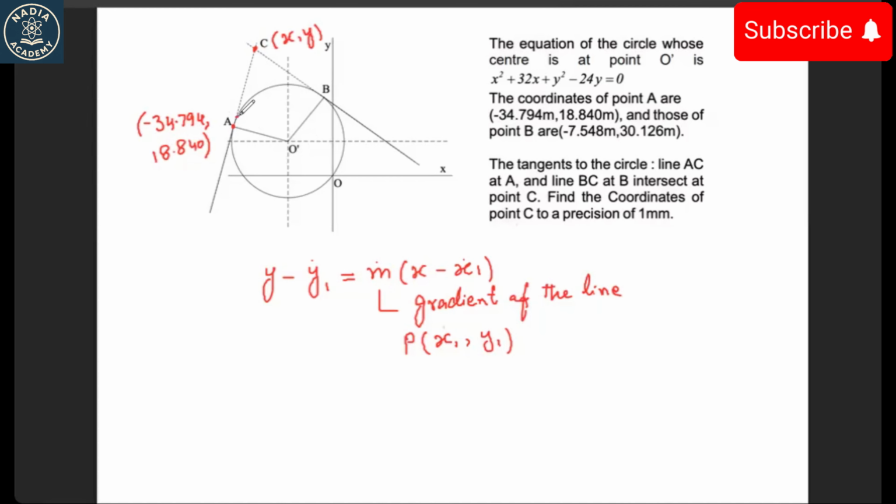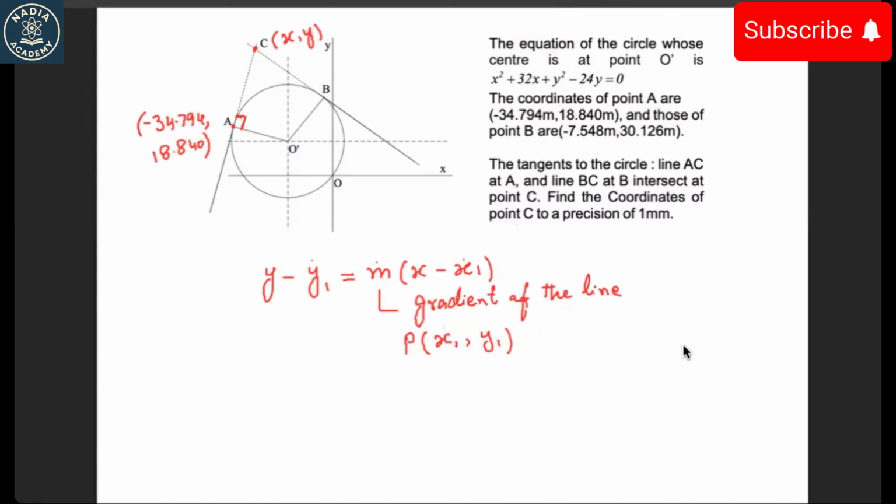According to the theorems of the circle, the radial vector is always perpendicular to the tangent at that point. So if we know the gradient of this radial vector O prime A, we can find the gradient of the tangent, because both lines are perpendicular to each other.